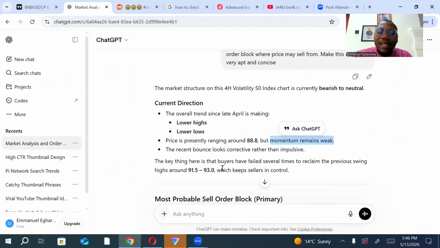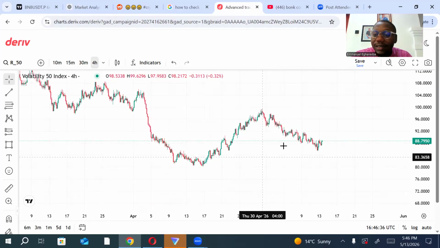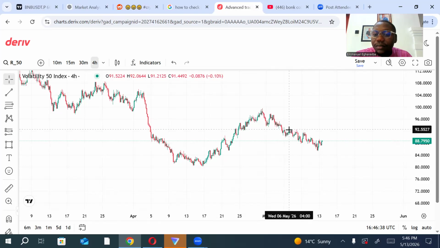The key thing here is that buyers have failed several times to reclaim the previous swing highs around 91.93. Let's see where buyers failed, 91.93. Good.